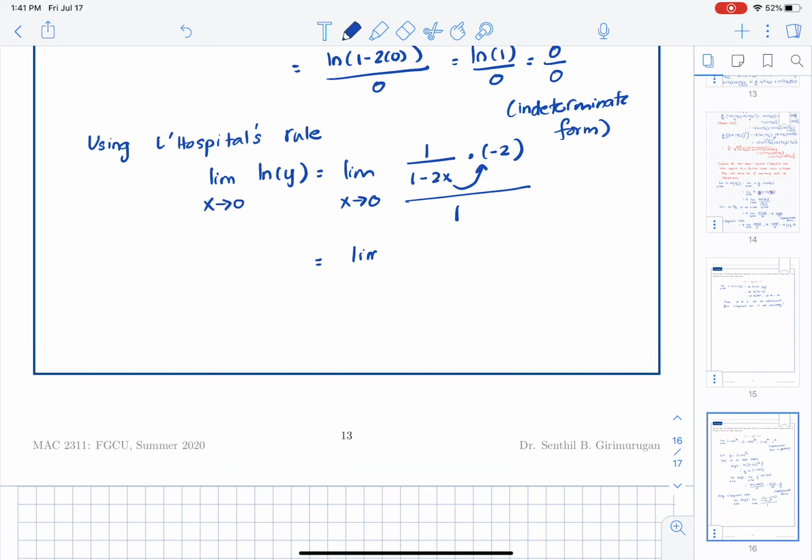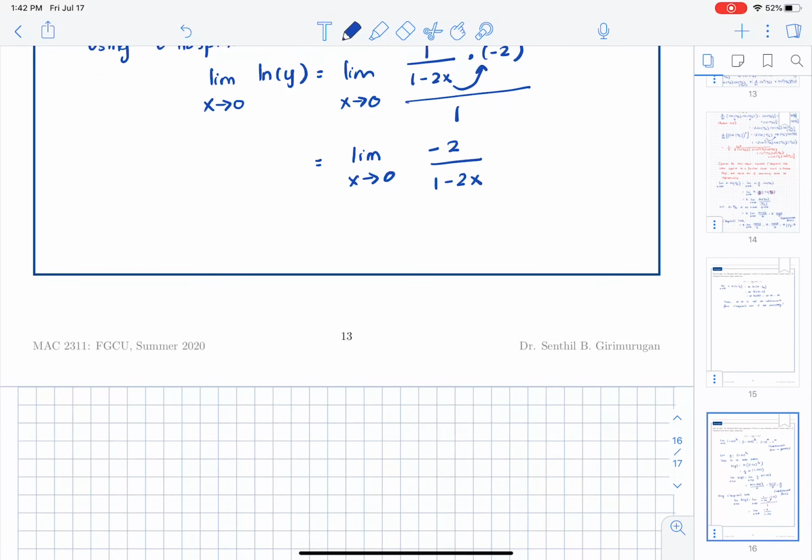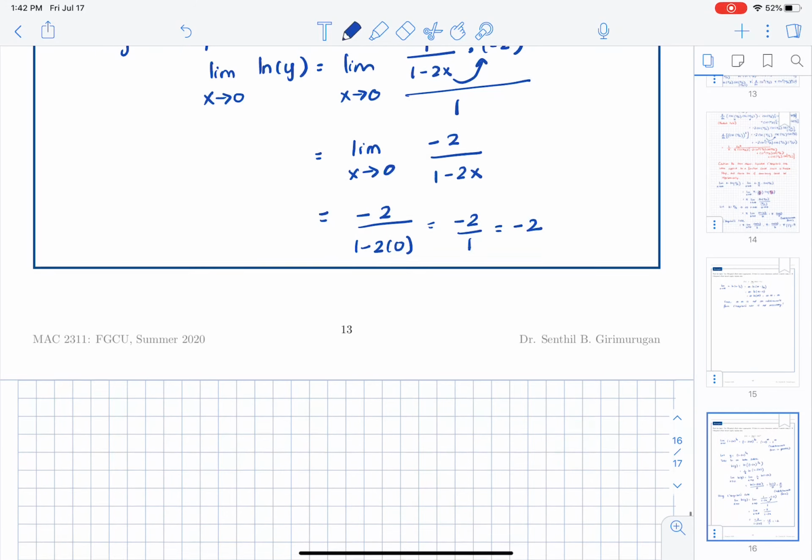So we end up with the limit as x approaches 0 of minus 2 divided by 1 minus 2x. When we apply the limit, we get minus 2 divided by 1 minus 2 times 0, which is minus 2 over 1, so minus 2.